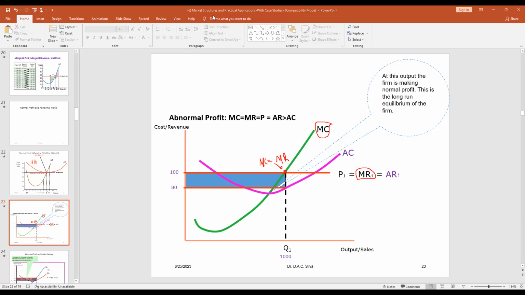Asita, Sumanasekara, Samaravira. Have you calculated profit? Asita.